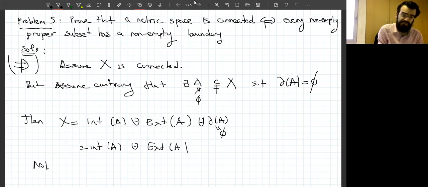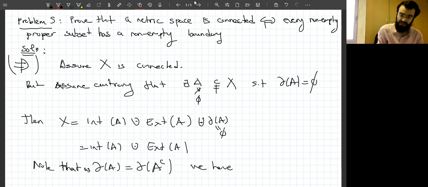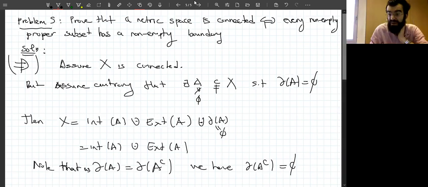Note that, as the boundary of A equals the boundary of the complement, the boundary of A complement is also empty.